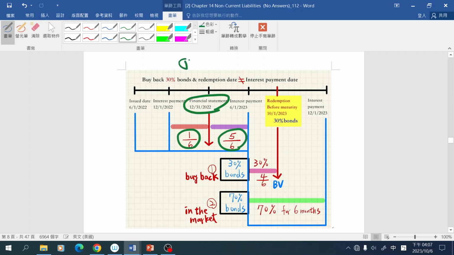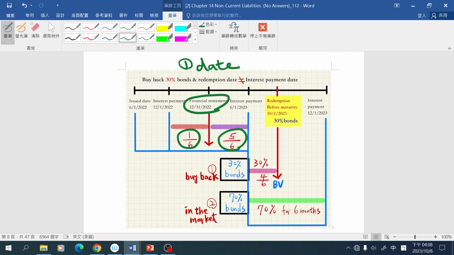This is the first keyword, date. Then when you decide to buy back the bond on October 1st, you want to buy back only 30%. Since you decide to buy back only 30%, it means what?